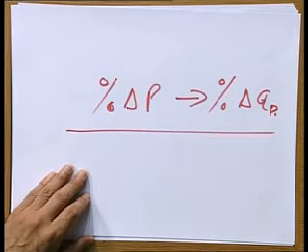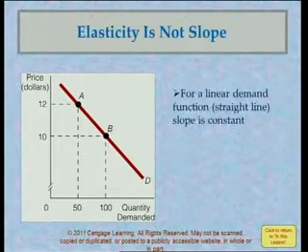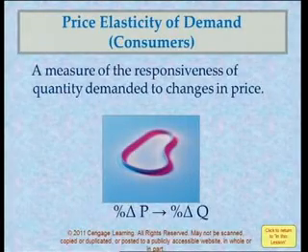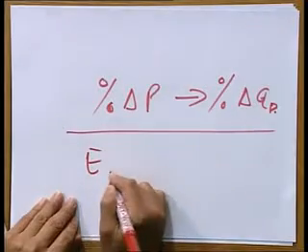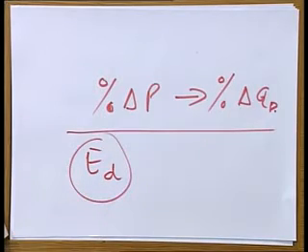Now there's a general formula for price elasticity of demand, and you can see it on the slide, and also in your textbook. When you look at price elasticity of demand, you will see ED. Now what is ED? ED is the elasticity coefficient. So we need to determine the elasticity coefficient.